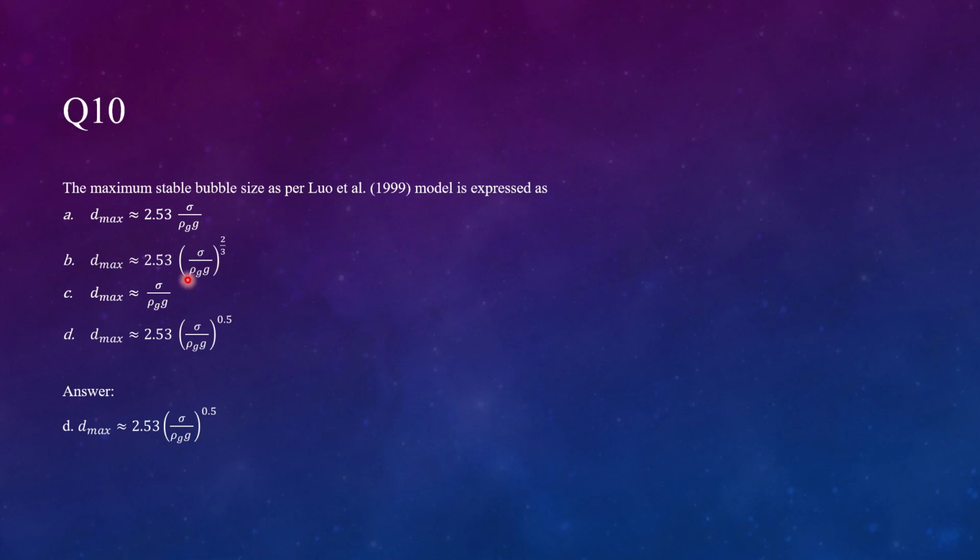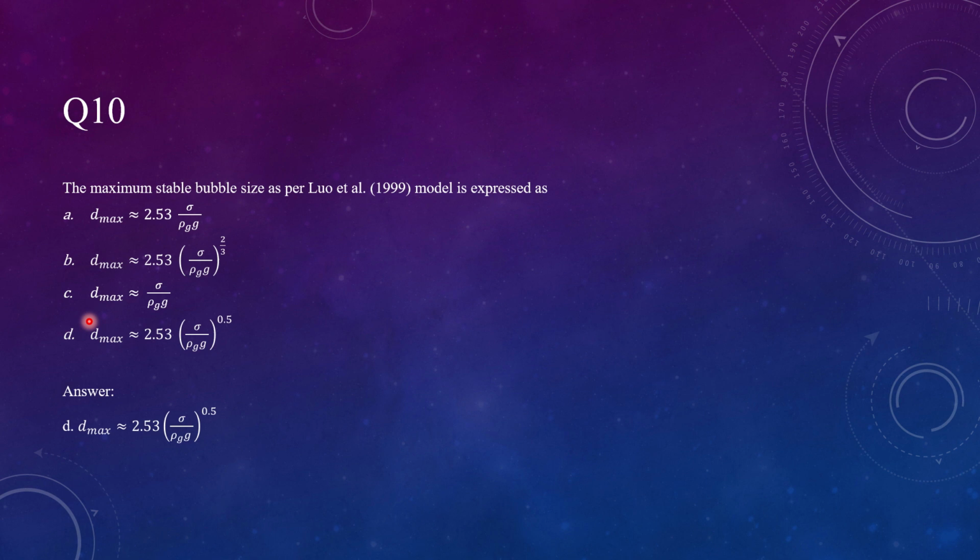This is the right formula for finding the maximum stable bubble size according to the Liu et al. 1999 model. How do we define the maximum stable bubble size? It is approximately equal to 2.53 times the square root of sigma by rho G g, where rho G is the density of gas, g is the acceleration due to gravity, and sigma is the surface tension. We will see question 11.